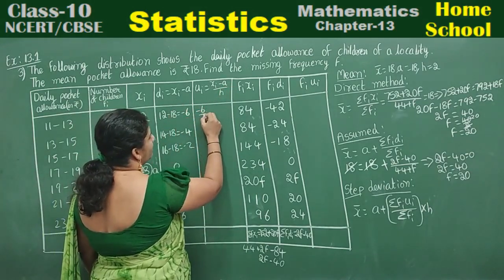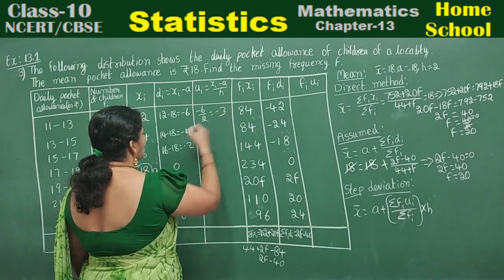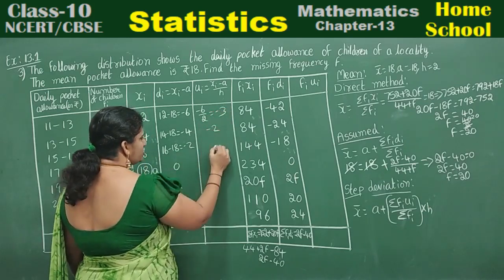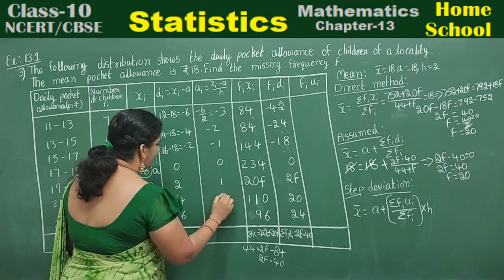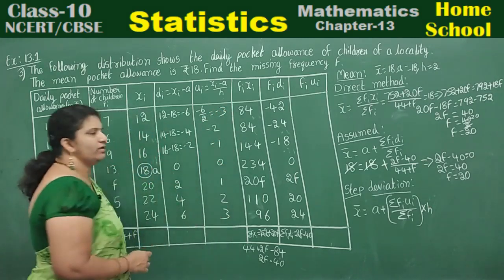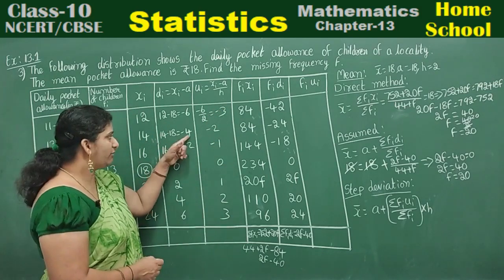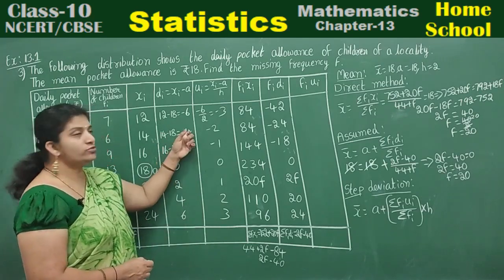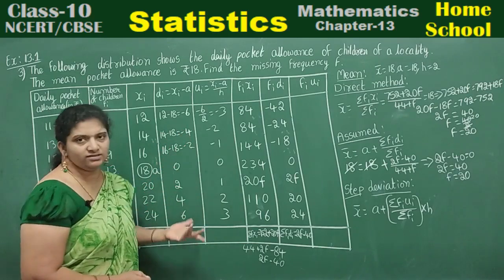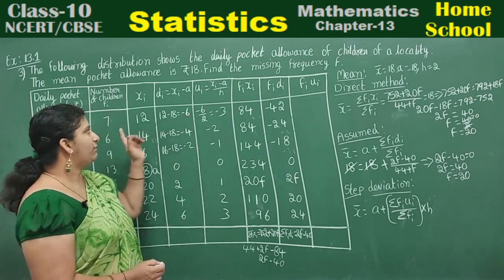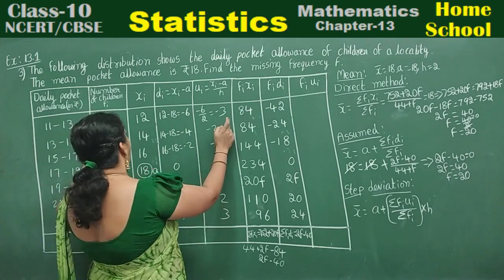Minus 6 by 2. Minus 3, minus 2, minus 1, 0, 1, 2, 3. How did I do? For every number I have divided by 2. 2 twos are 2 ones, 2 ones and 2 twos are 4, 2 threes are 6. Multiply fi ui.